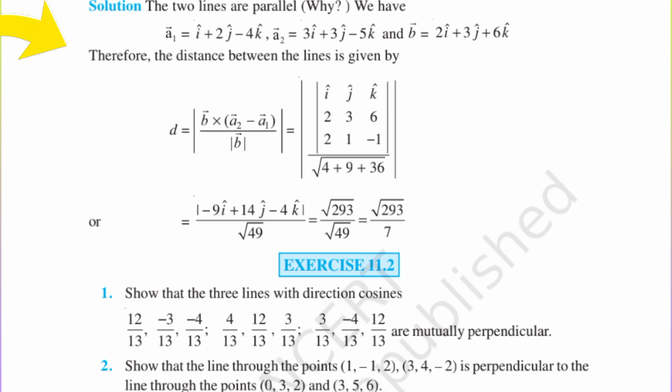Therefore, the distance between the lines is given by d = |b × (a2 − a1)| divided by |b|, which is the determinant with rows i j k, 2 3 6, 2 1 −1, divided by √(4 + 9 + 36), which is equal to |−9i + 14j − 4k| divided by √49, which is equal to √293 divided by √49, which is equal to √293 divided by 7.